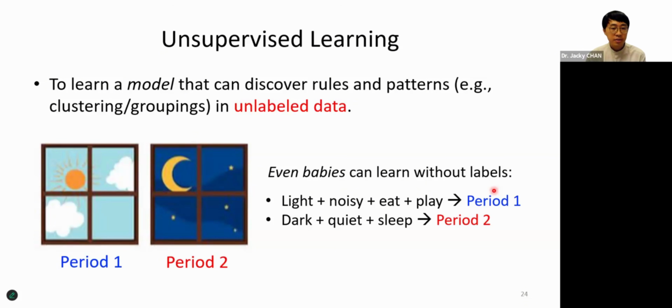If it is dark and quiet, then they have to sleep. So even if no one tells them, by looking at this kind of pattern, they will be able to find out these two periods of time.